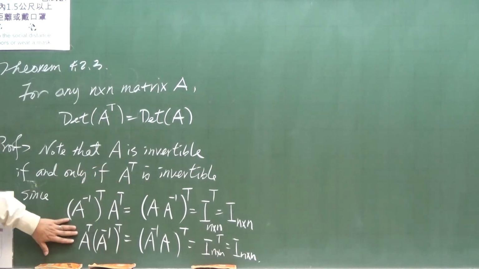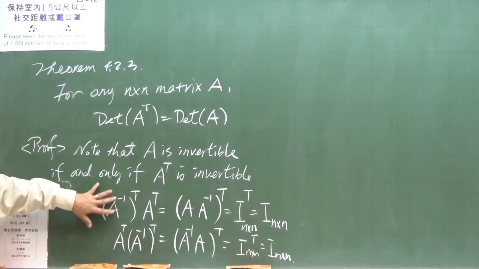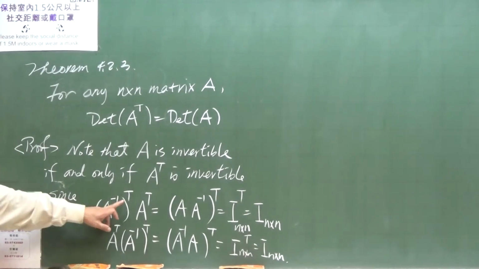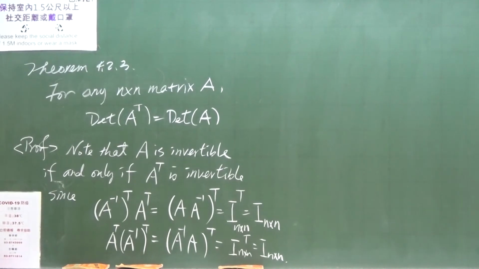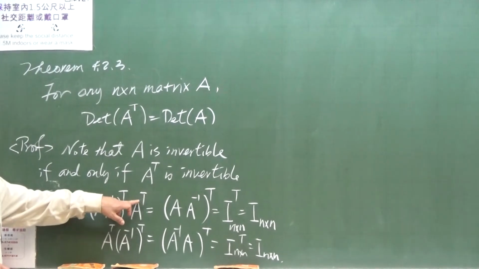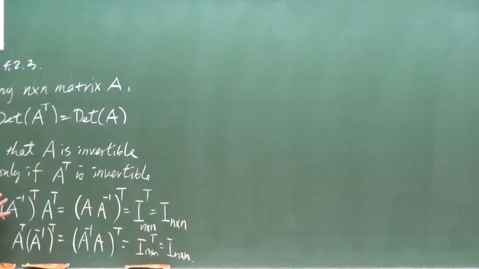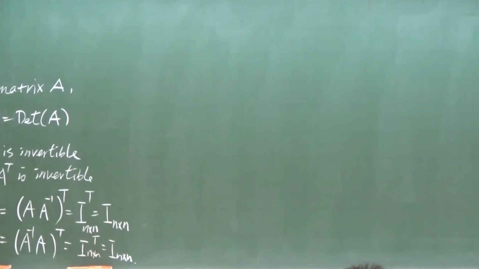And the reason is here. We can just express the inverse of A transpose to be the transpose of the A inverse, by checking everything here. Alright, and so we have two cases to study.